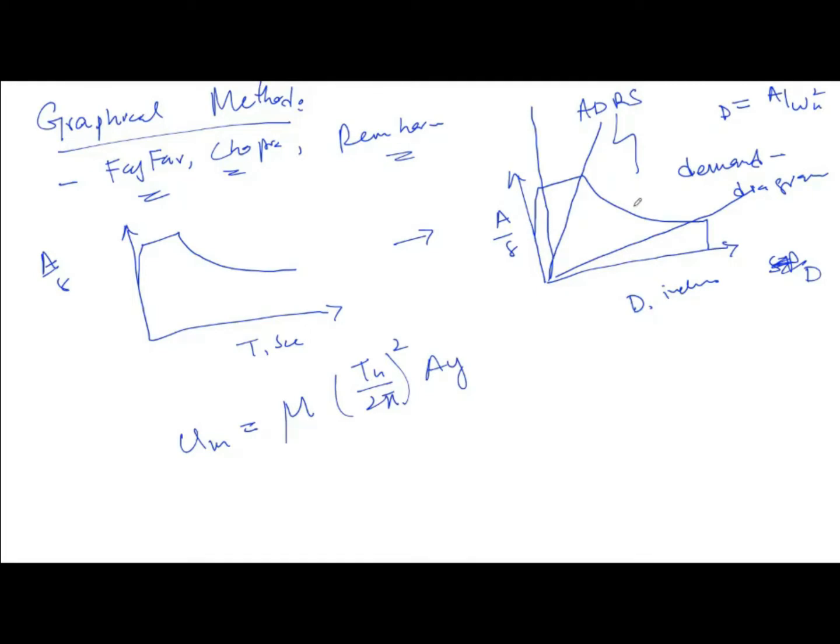So during assessment, what is done actually? The capacity of a system is also drawn on the same demand spectrum. But the capacity, which is generally given in terms of the yield strength and the displacement, the yield strength is divided by the weight of the system.